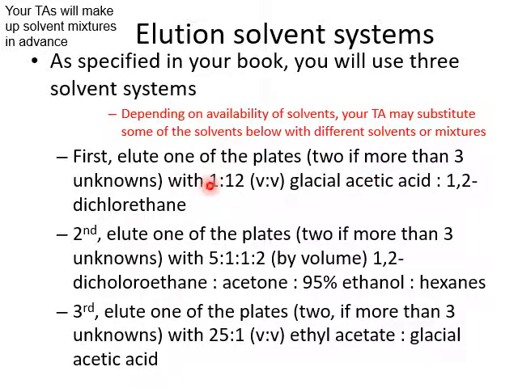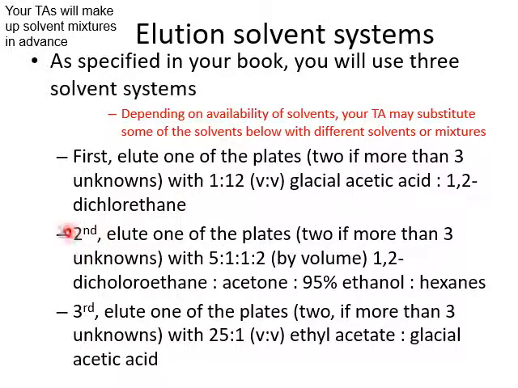That's why we're putting only one part. Whereas 1,2-dichloroethane is not as polar, so we're putting many more parts of it. Again, we don't want a lot of very polar solvent, because it'll just push everything too quickly, and it won't allow for any separation.